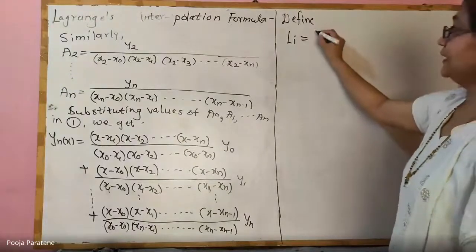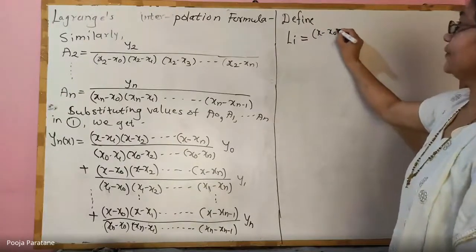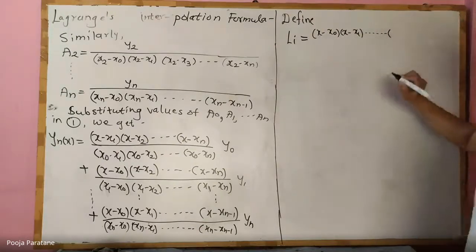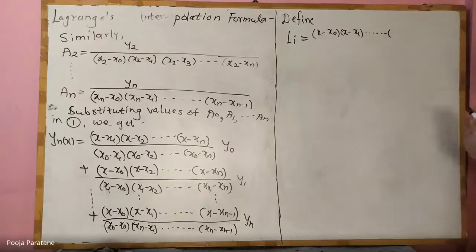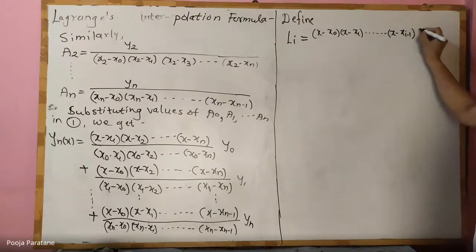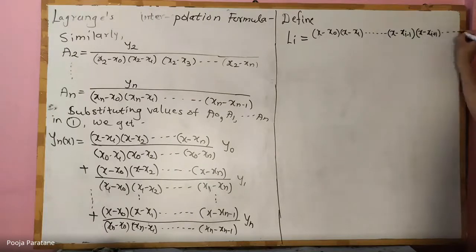So Li is x minus x0, x minus x1, and in the numerator, the term x minus xi will not be there. Here x minus xi minus 1 and x minus xi plus 1 till x minus xn.